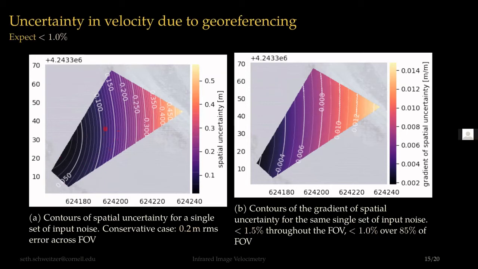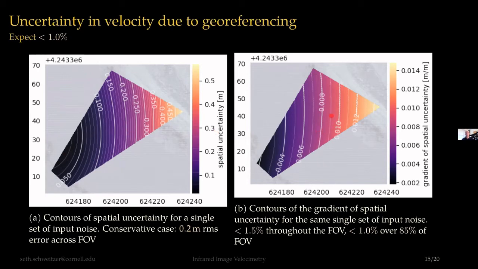We can see in this plot, which is the raw uncertainty, that if I'm in this region of my field of view, then my uncertainty is maybe on the order of 20 centimeters. That says if I'm at a pixel, I can only say where that is in the field with that type of accuracy. But what I'm more interested in than the location is the velocity at that point. And how the velocity is affected by this uncertainty is related to the gradient of these curves.